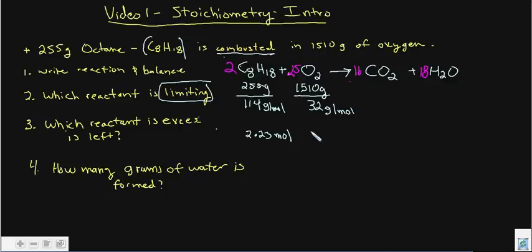Okay, so now here's the question. Which one is going to run out first? The ratio is 2 to 25, and that has to match what I have here. There are 2 things you could do: you could take this one and multiply it by 12.5, or you could take this one and divide it by that.